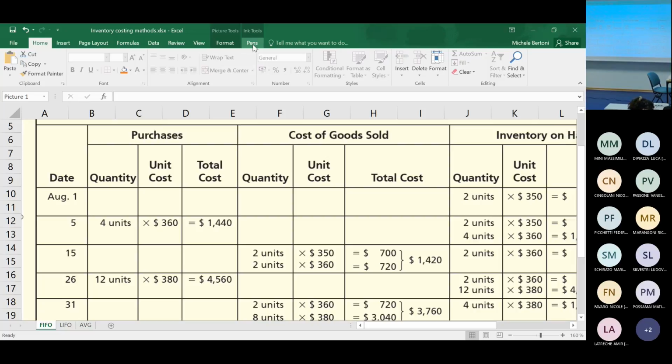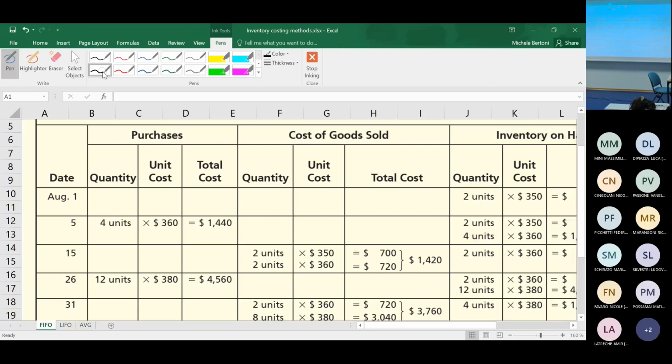So remember, this is still the FIFO method.